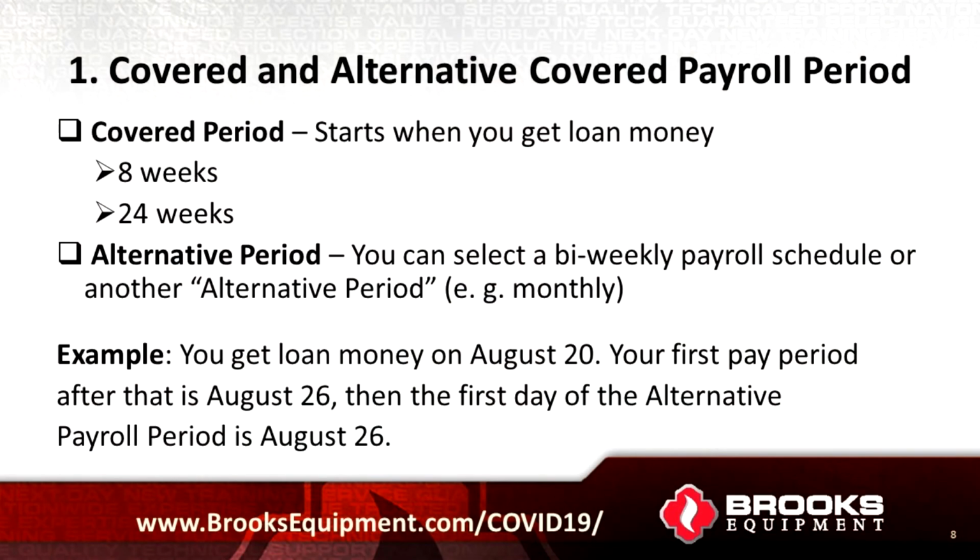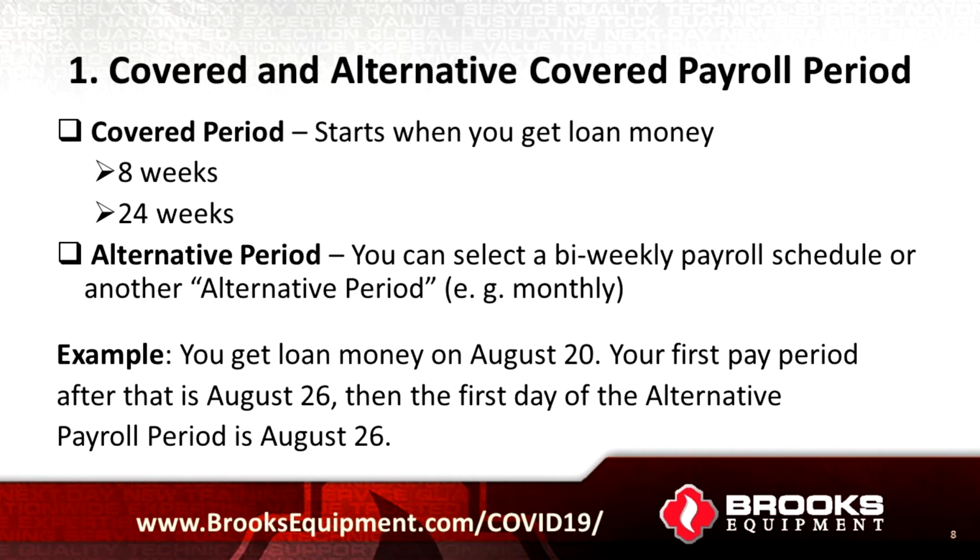The covered period begins on the date the loan proceeds are dispersed and ends 8 weeks from that date. If 24 weeks is determined to be the covered period, it begins on the date you received your PPP loan money and ends 24 weeks from that date. The alternative period is if you have a biweekly or monthly payroll schedule, you may elect the alternative period.